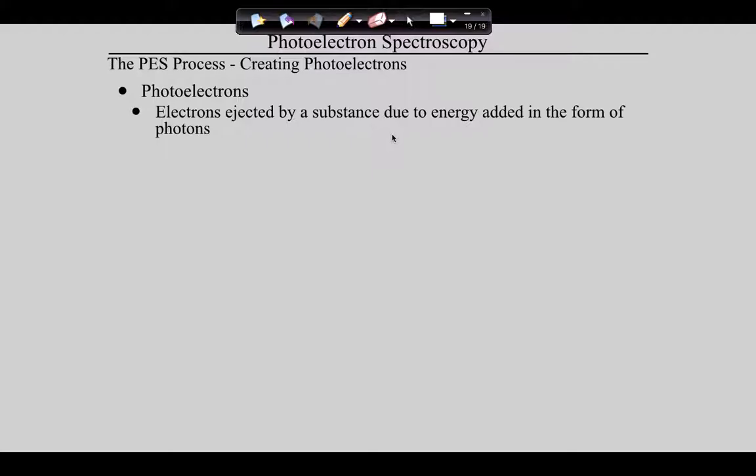So physically, what you do to do PES is you take a sample and you blast it with light or some other type of radiant energy. Frankly, most of the time they use X-rays. You take a sample of an element or a compound and you blast it with radiant energy, and we know that light and all these other radiant energies are made of photons, and these photons smash into that substance and send electrons flying out.